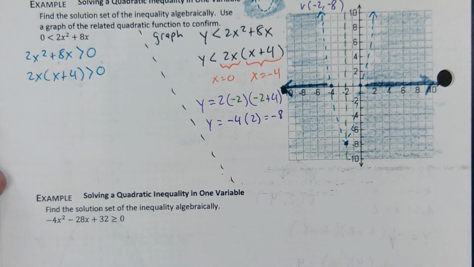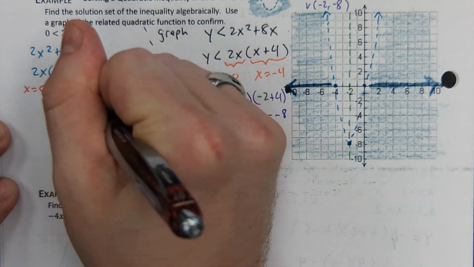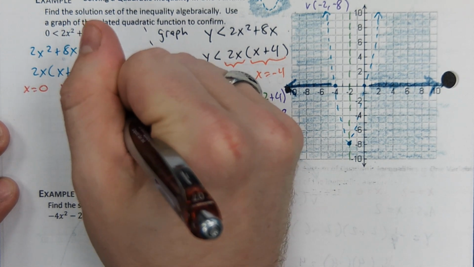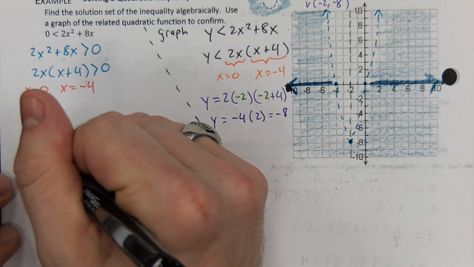When we use sign diagrams, the vocabulary for these numbers is critical values. So anytime you have a 0 or a solution of an equation, it's called a critical value on your sign diagram. This is our sign diagram.